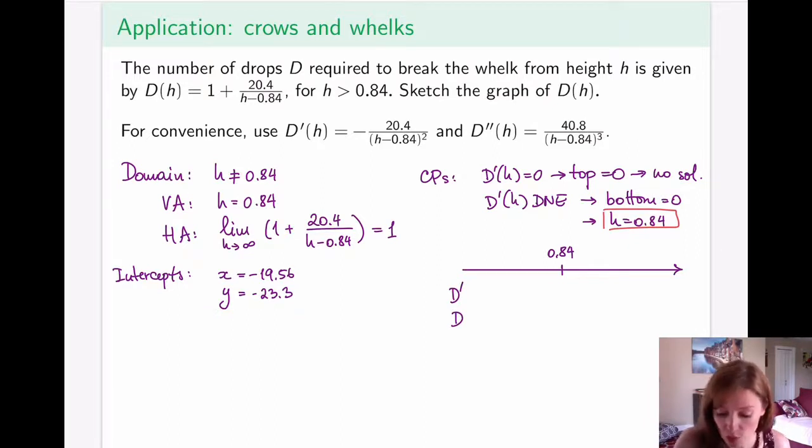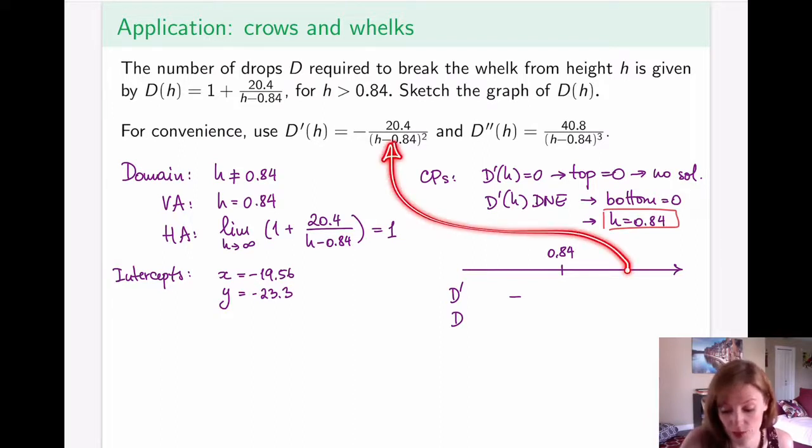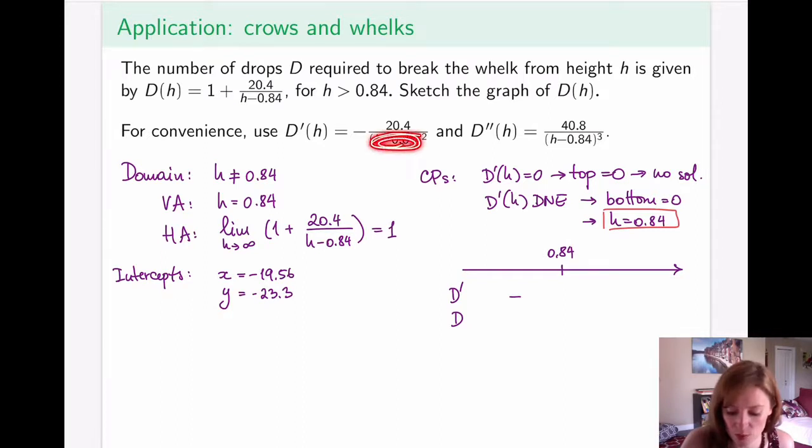I'm going to pick a number here, let's say 0, and plug it into my derivative to figure out if it's positive or negative. You can go through with a calculator, you'll notice that it's negative. I'm going to pick a number after 0.84 and plug it into the derivative. You notice that the derivative, in fact, is always going to be negative because no matter what I plug in here, this gets squared and then it turns into negative.